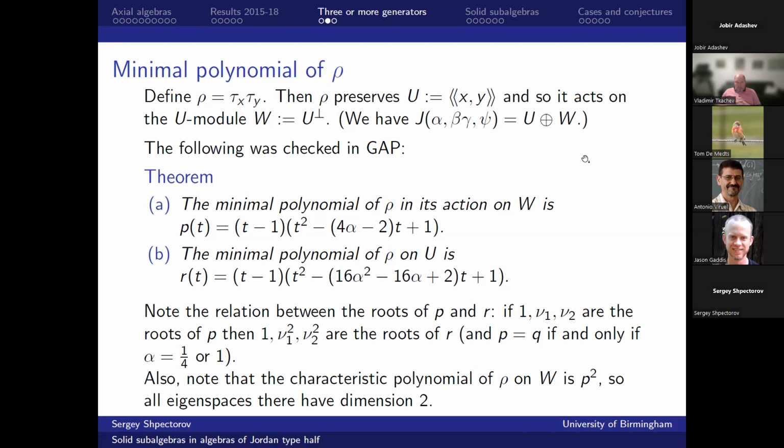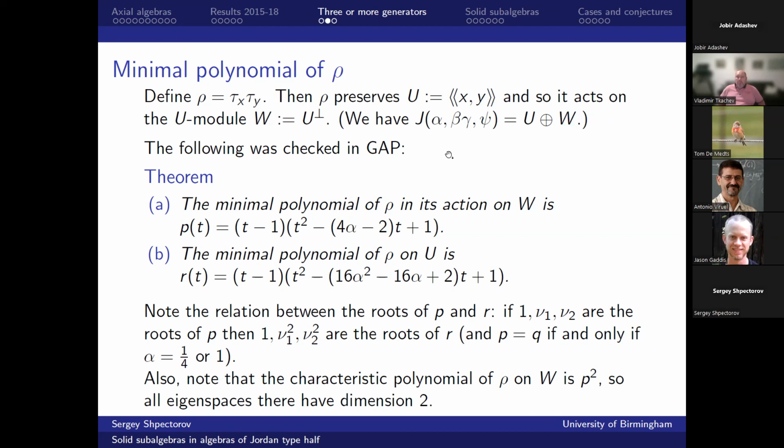I think I got ahead of myself. I haven't restricted the values of alpha yet. So this is not always true, unfortunately, but it will be true under some minor restrictions.